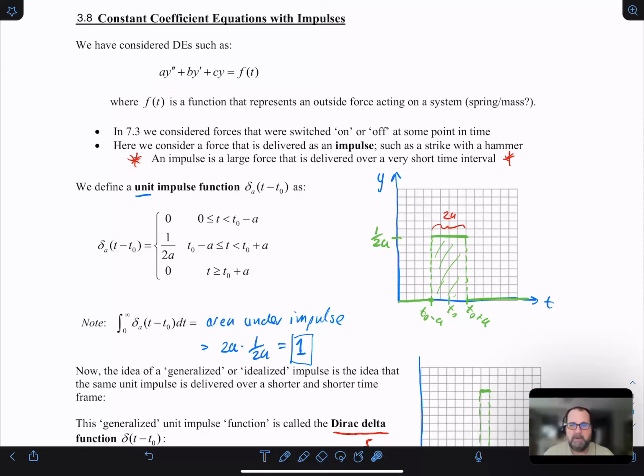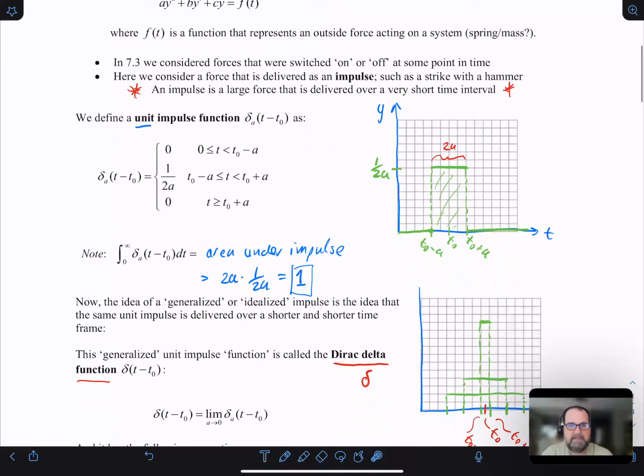In order to model this situation, we define something called the unit impulse function, denoted delta sub a of t minus t0. Basically, this models an impact at time t0.